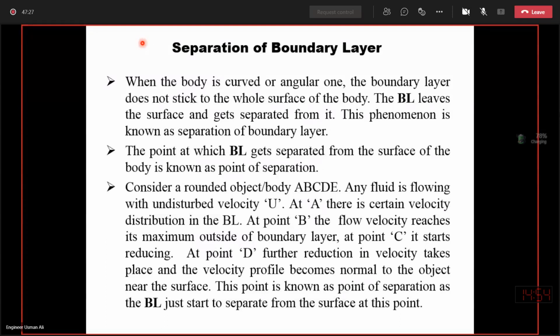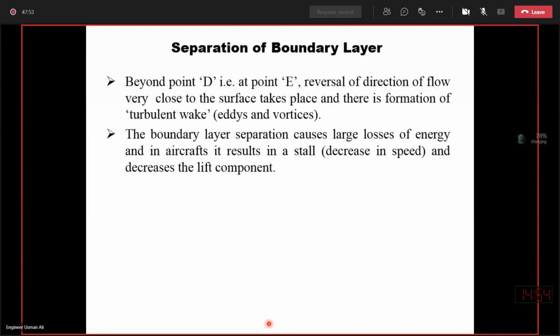Now if you consider a rounded object or body, any fluid flowing with the undisturbed velocity at A has a certain velocity distribution, and at point B, the flow velocity reaches its maximum outside the boundary layer. At point C, it starts reducing, and at point D, further reduction takes place and the velocity profile near the surface becomes normal, and this is the point of separation of the boundary layer.